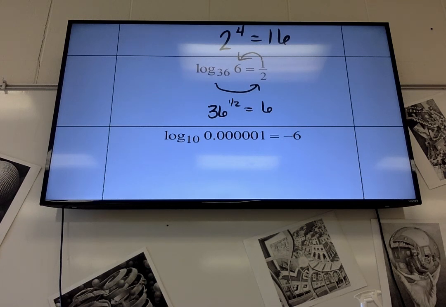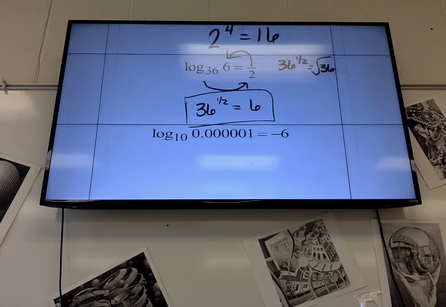And think about that. Remember, 36 to the 1/2 means what? It's not divided. It's square root. And the square root of 36 is 6. So that's what that means. But this is just what you would do to rewrite it.